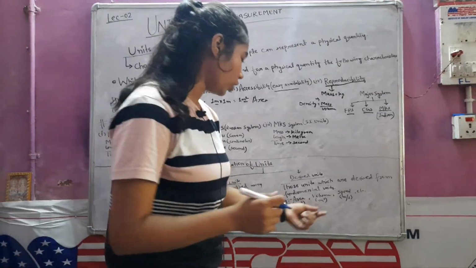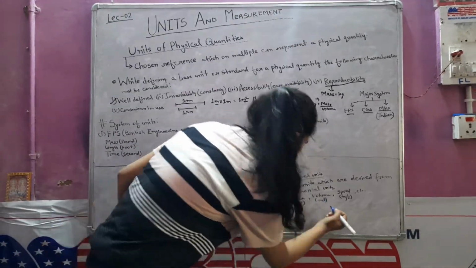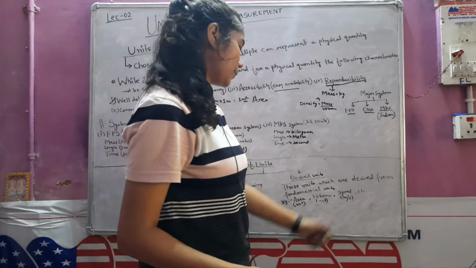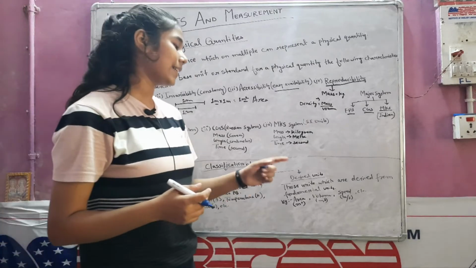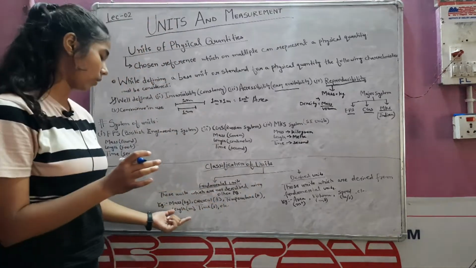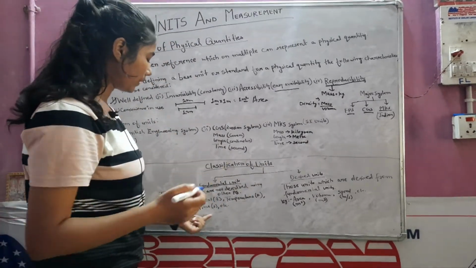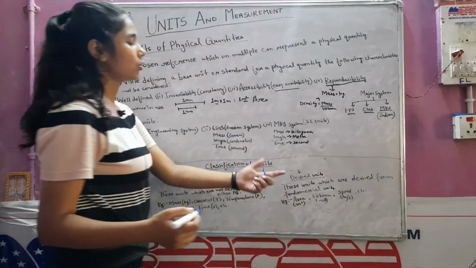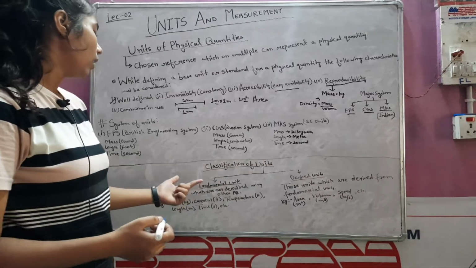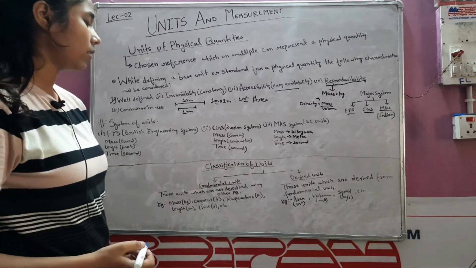Volume is also derived from here. Then speed is equal to distance upon time. Distance is length, meter, and time is second, so that is why meter per second. Its unit has been derived from the units of fundamental physical quantities.